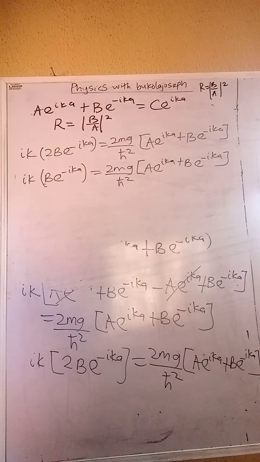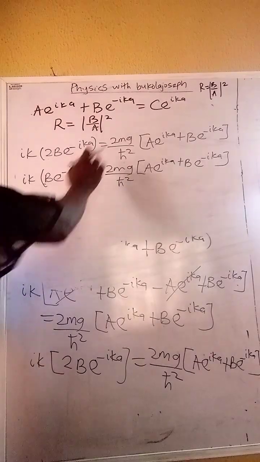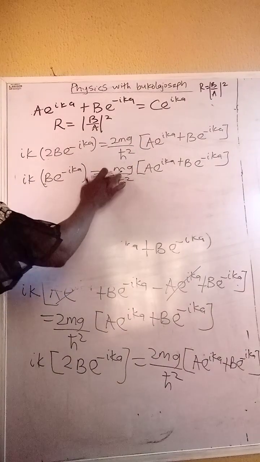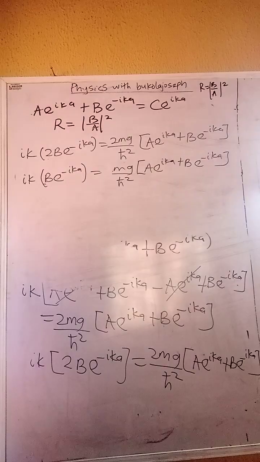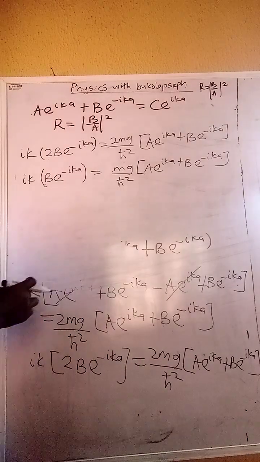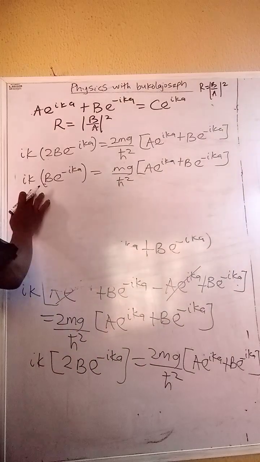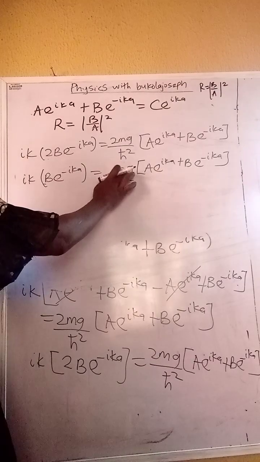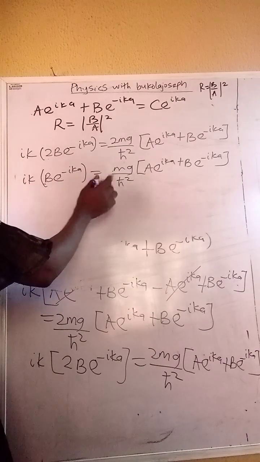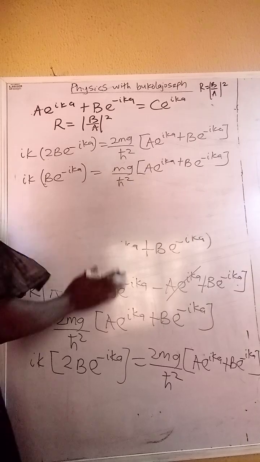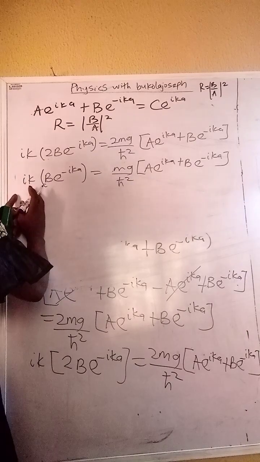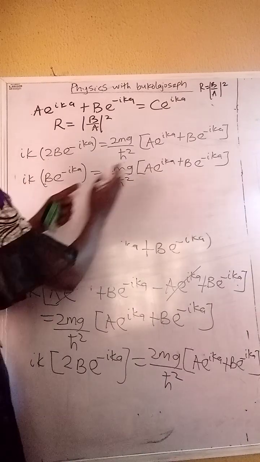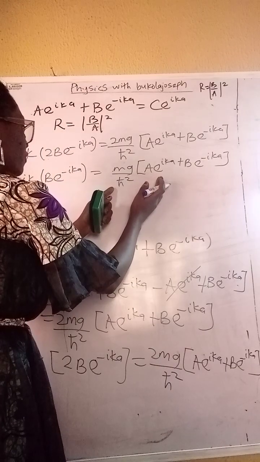So what next? This 2 is gone, we have mg left. Let's bring this to this side. We multiply this side by h cross squared over mg, and this side by h cross squared over mg.